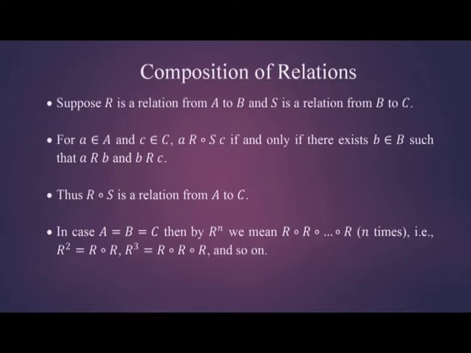So, we will write R raised to the power n as R composed with R composed with R and so on, composed n times. For example, R square is R composition R, and R cube is R composition R composition R. In this way we can define powers of relations.